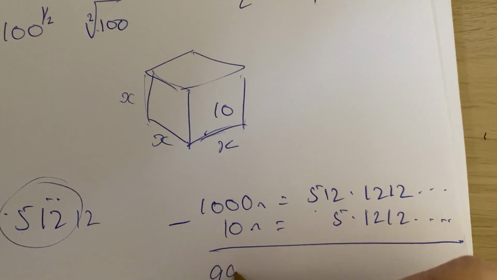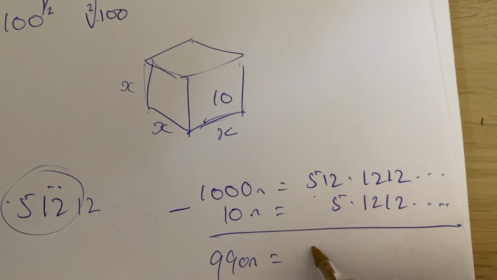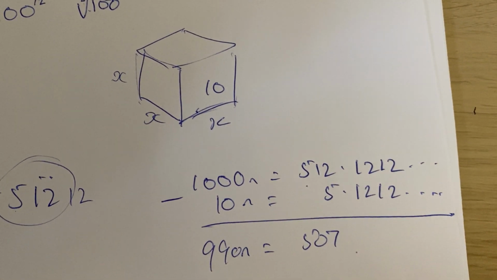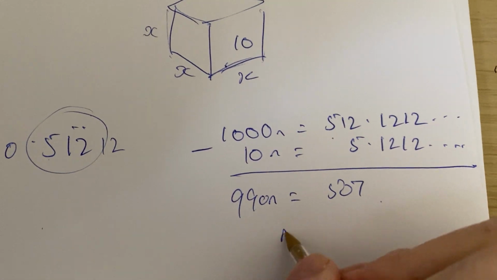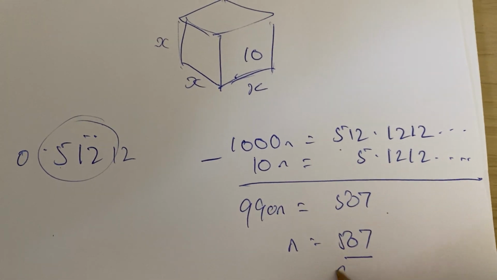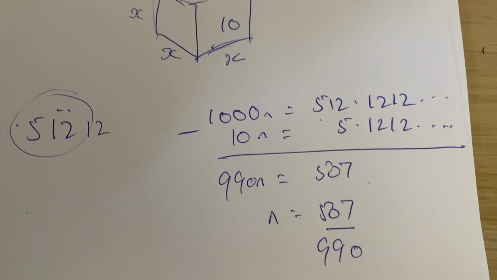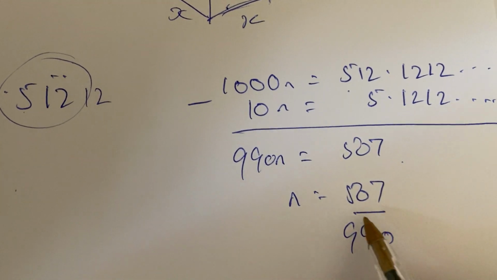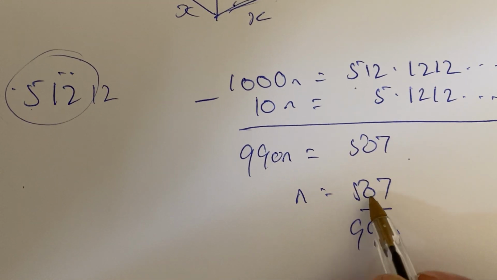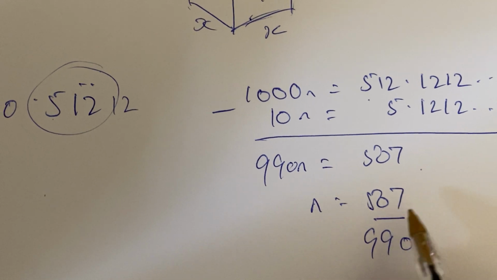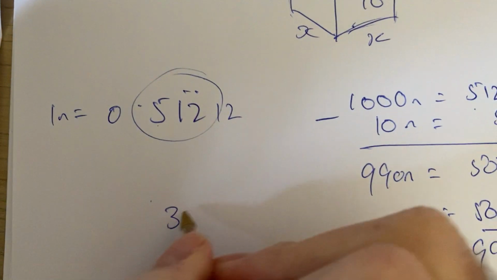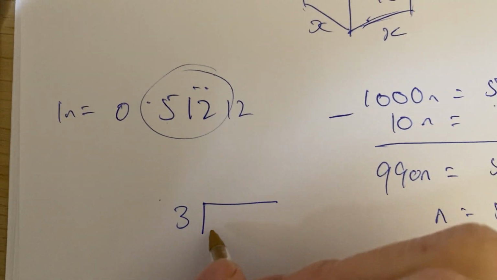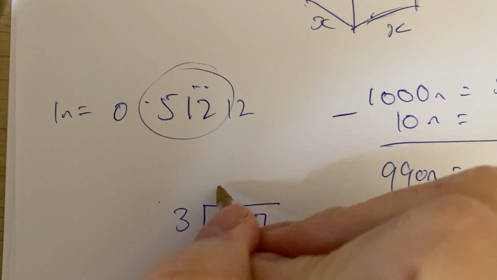Now take away those two. So I'm left with 990n equals 507. And that means n is 507 over 990. Now I need to check, does 3 go into these? Yes, it does. Because if I count 5 plus 0 plus 7 is 12. So there's a little trick there. 3 goes into 12, so 3 will go into this. I'm pretty convinced.